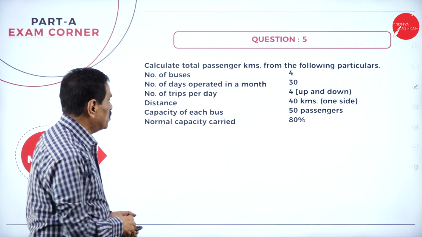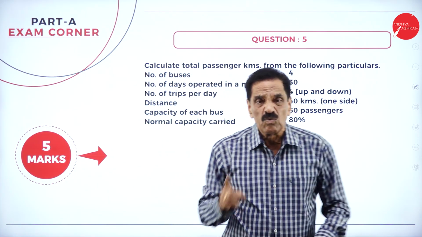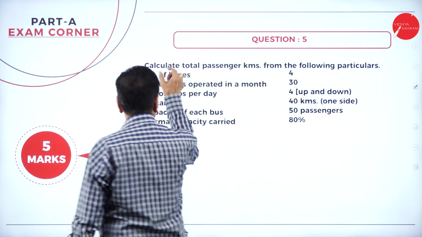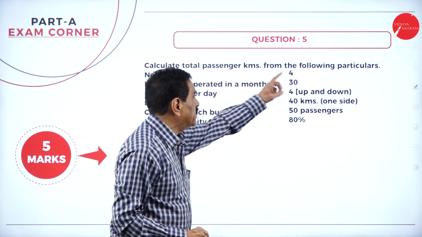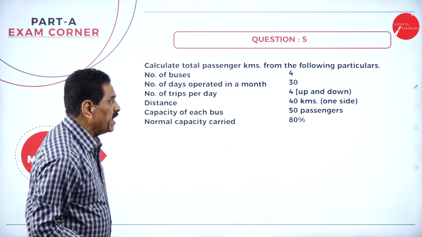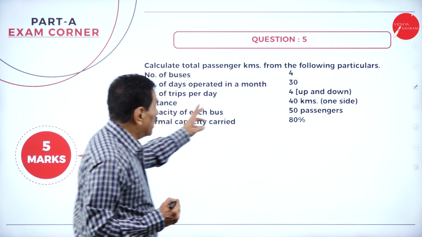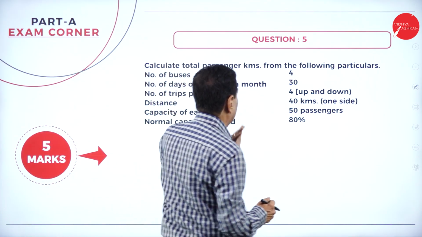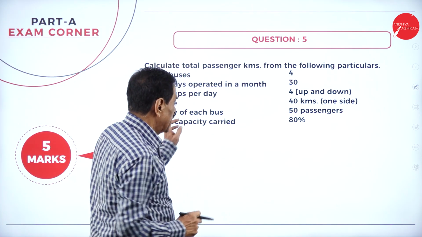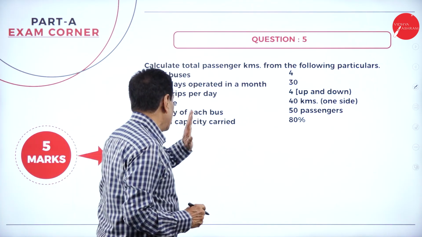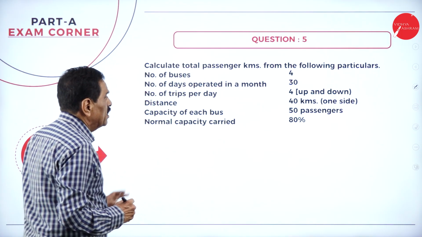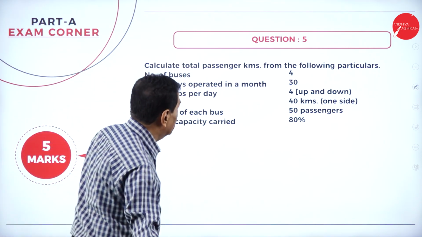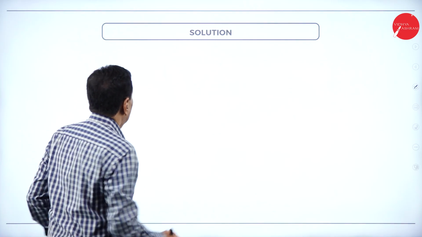Then in a 5 marks question, we are going to ask one question, this comes in operating costing. Calculate total passenger kilometers from the following: number of buses, number of days, number of trips, distance traveled, capacity of each bus; normal capacity carried is 80%. So here the formula is, I will write the formula.